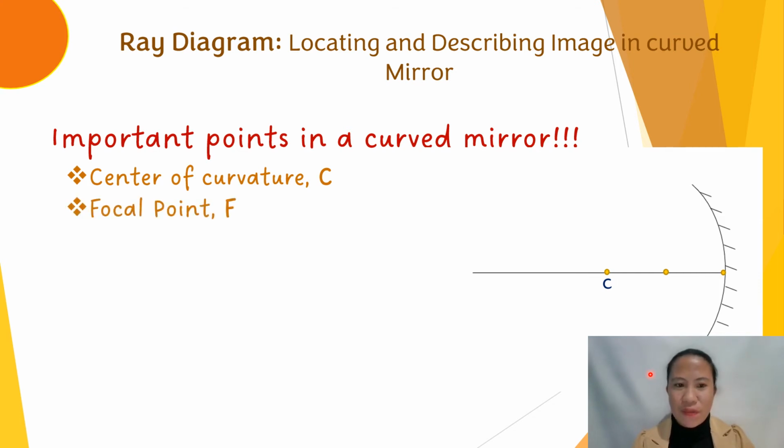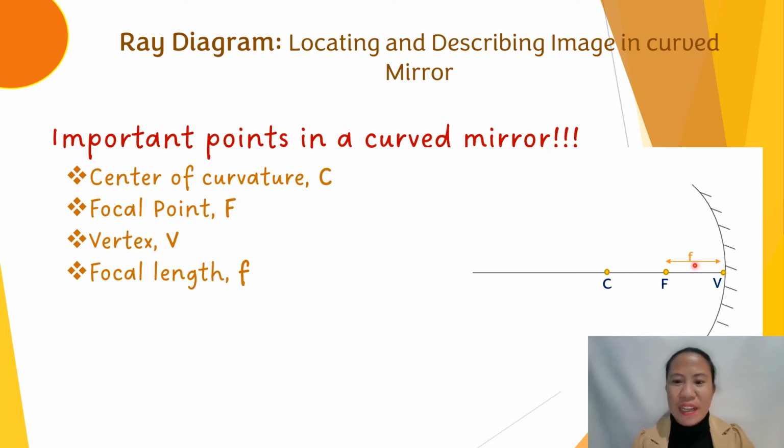Another one is the focal point. The focal point is just halfway between the vertex and the center of curvature. Then we have our focal length, the distance between the vertex and the focal point.